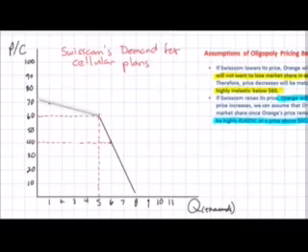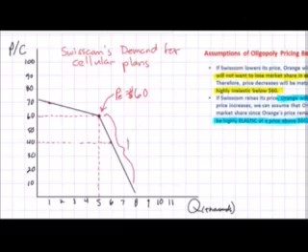What we end up with when we draw a demand curve based on these assumptions is what we call a kinked demand curve. You can see that at any price other than the equilibrium price of $60, demand will slope very steeply below $60. In other words, demand will be inelastic. However, demand will slope very gently above $60.